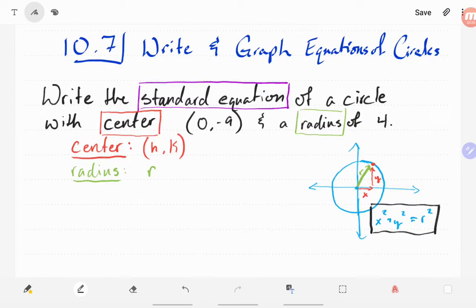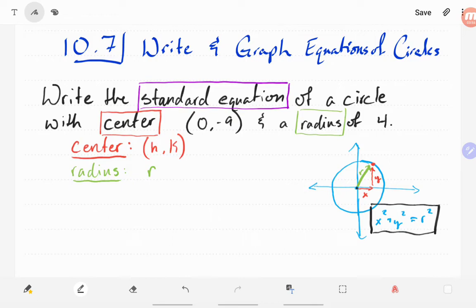Now, the only thing is that this is only going to work when the center of our circle is at 0, 0. It only works when the center is at 0, 0. We can find the radius of the circle based on any coordinate that is on this circle. Or we could find any coordinate based on the radius and some x input or some y input.